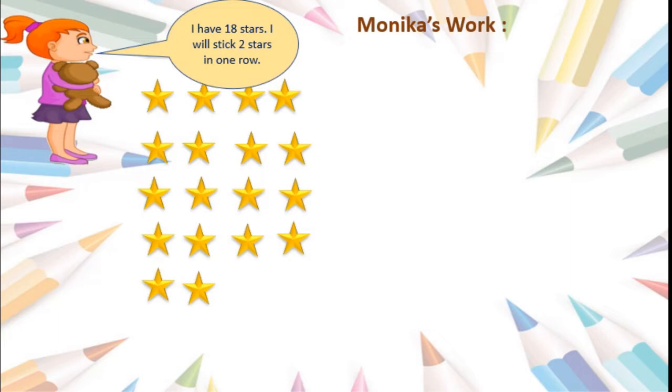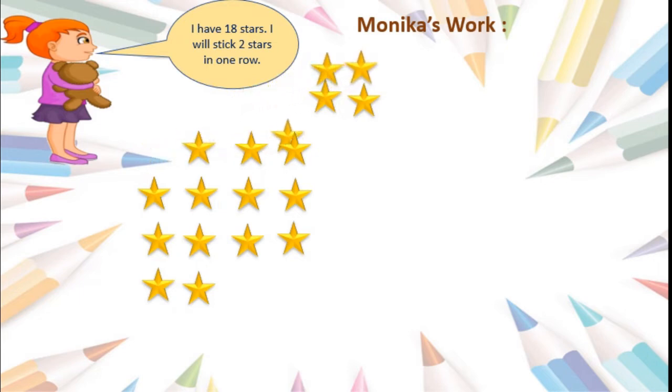Okay, what she is going to do now? She will stick 2 stars in one row. See, this is 1, 2. This is first row. Okay. See, 2 rows. She is sticking only 2 stars in one row, isn't it?